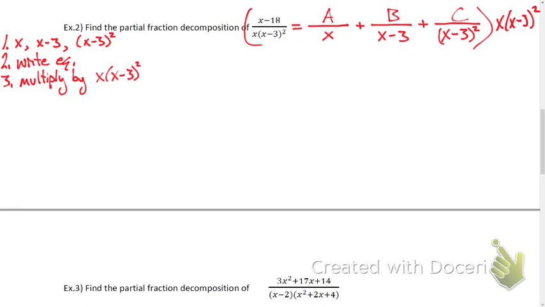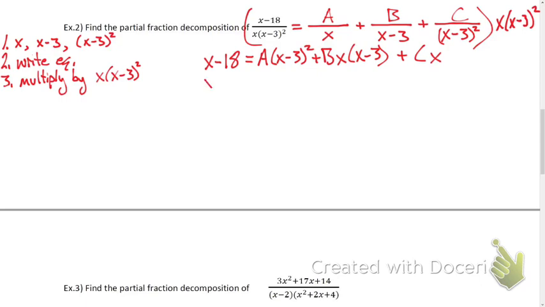So when I do that, a lot cancels out. And that's what we have left when we multiply every term by that common denominator.